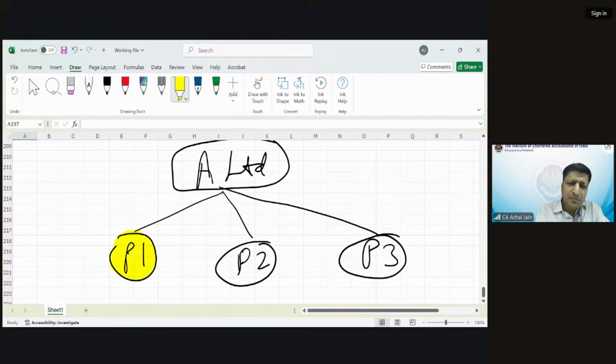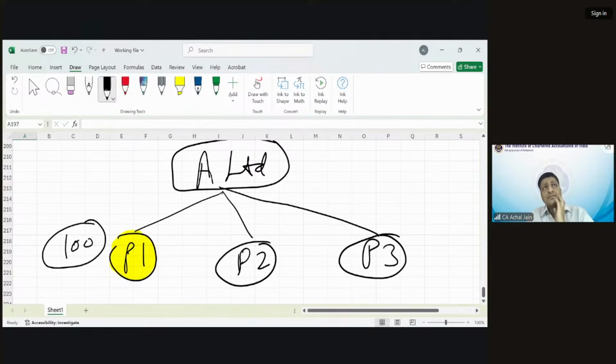It's a loss-making business, so the company will shut down this plant. The company is not going to be closed. The company will continue. One of their business segments, one of their plants, will be shut down. Now let's suppose there are some 100 employees who are working in this plant.